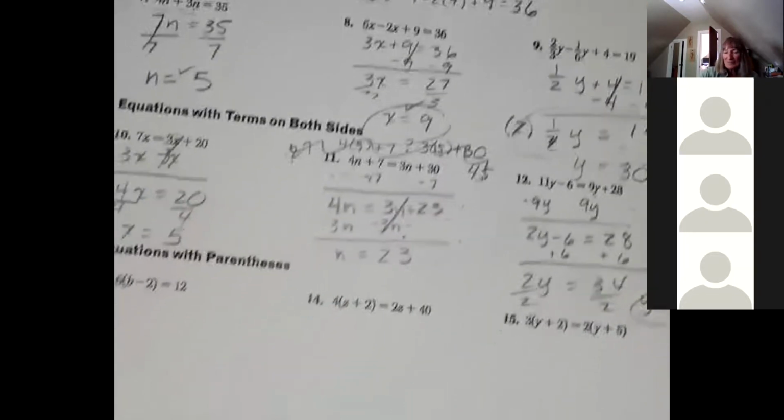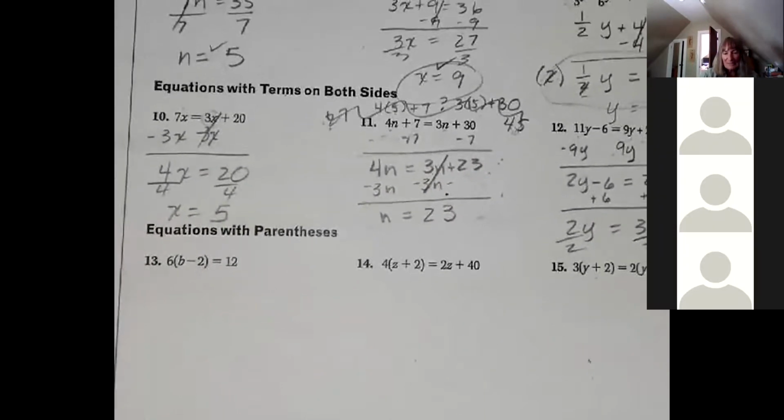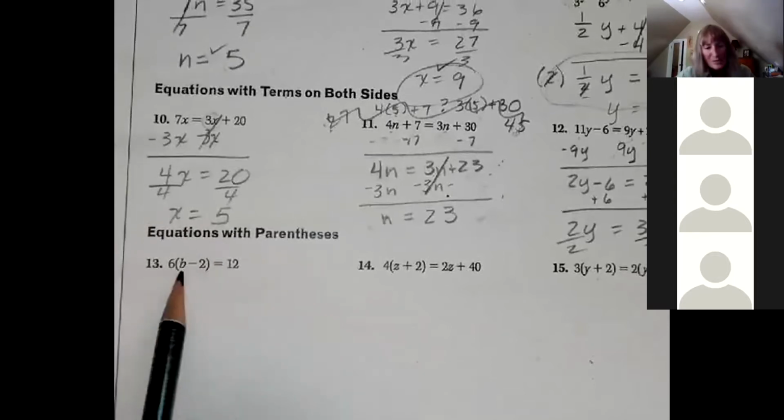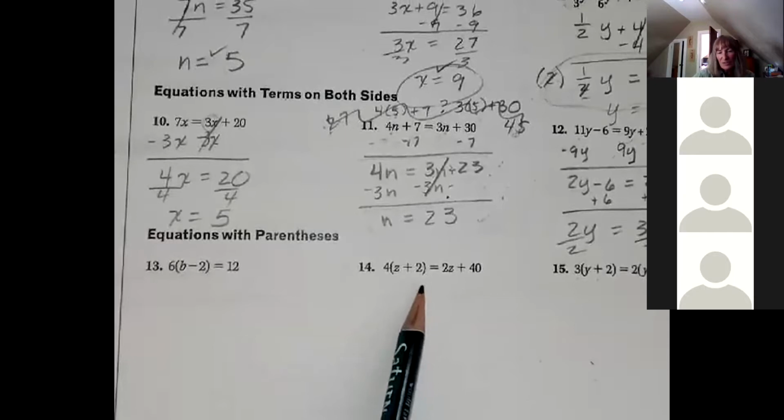Then we get down here to these with parentheses. 4. Yeah, okay, 4. That's one I can look at and figure it out. This is going to be harder for me just to figure out what it is. It's 8.